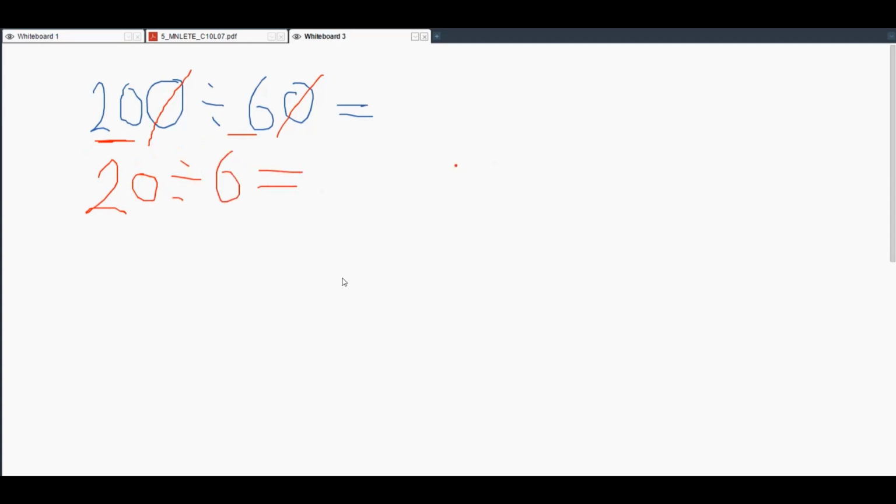So 20 divided by 6 equals what? So we search in the table of 6 for the closest number to 20.